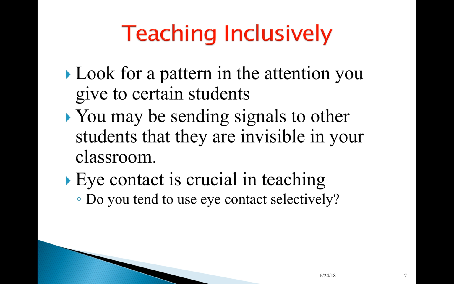So all of your students need to know that you are concerned with them and their learning, and they'll be more engaged and more likely to succeed in learning in your classroom. You may be sending signals to other students that they're invisible in your classroom. If you're not calling on them or making eye contact or making conversation with them, they may not feel like you even know that they exist, and that's never a good situation for a student that's trying to learn.